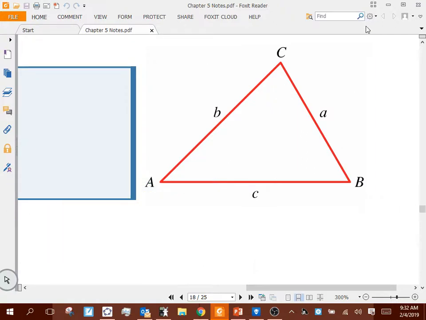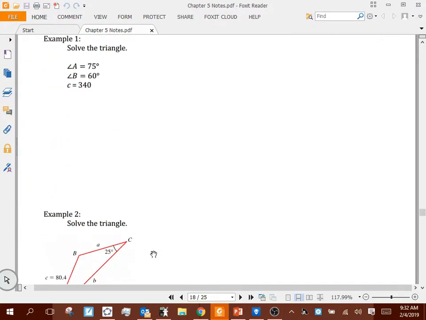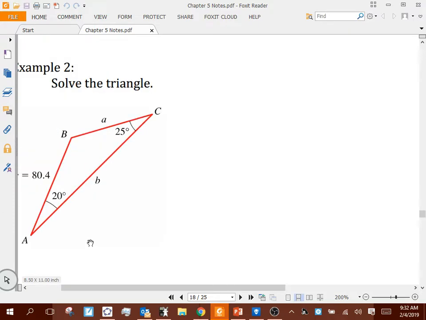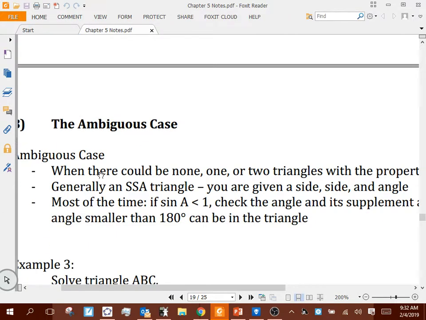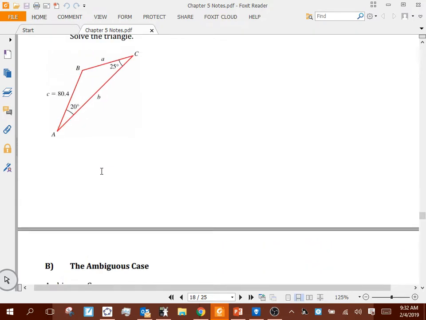Now, based on just the information they give you, you can be asked to find an angle measurement instead. So you might have something like sine of B over 340 is equal to sine of 30 over 210.